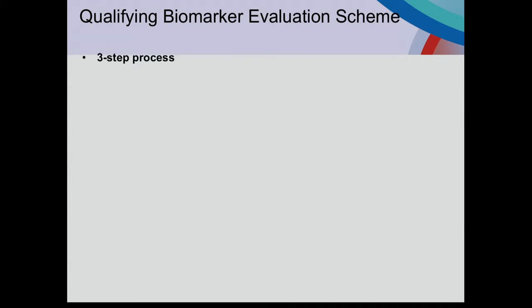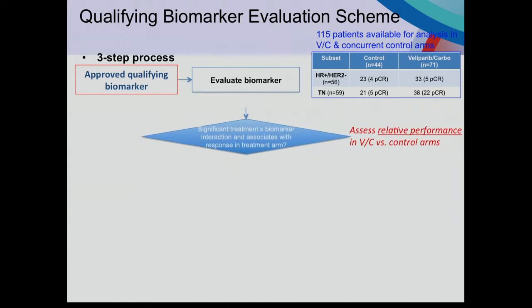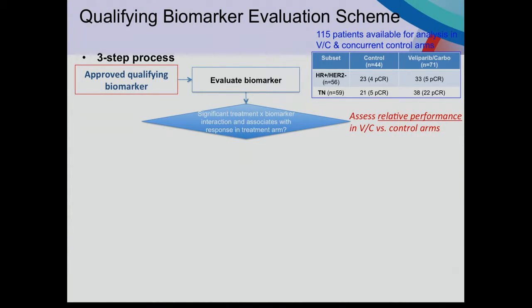So it's a very complicated scheme, and I can go into details later, but we have a 3-step process where first we look into the relative performance of such a signature in the treated patients versus the control. So it needs to do better in the treated patients than in the control, because then it's associated.